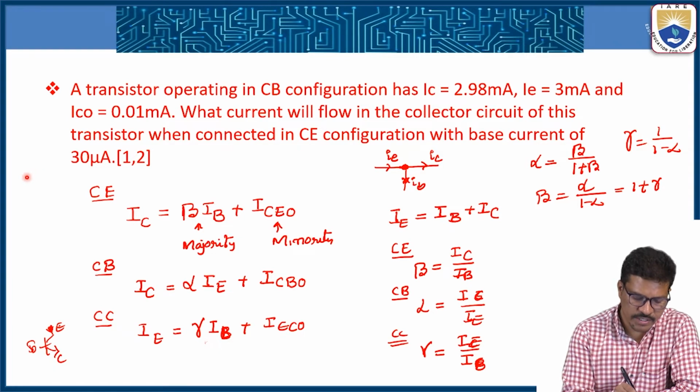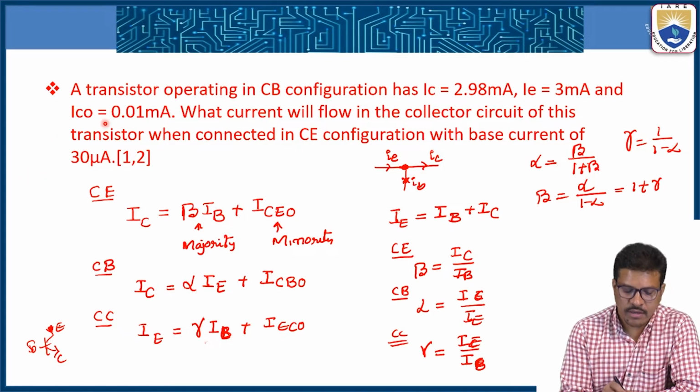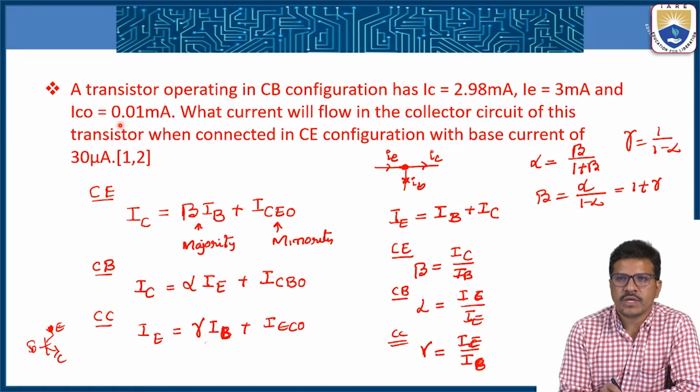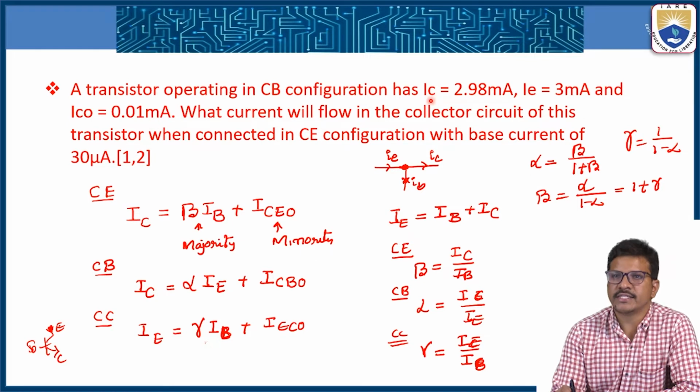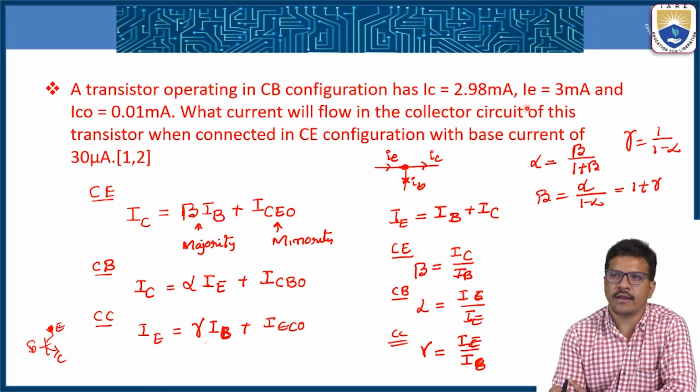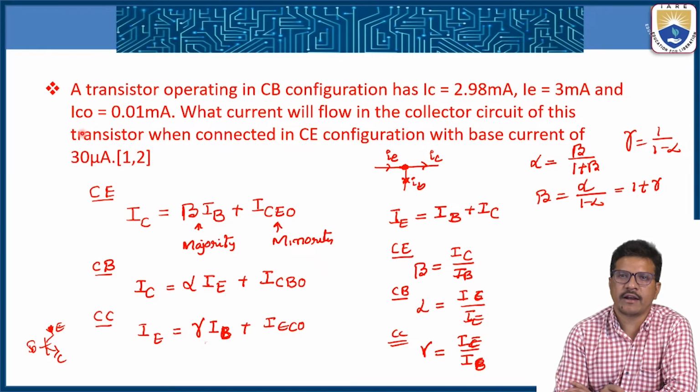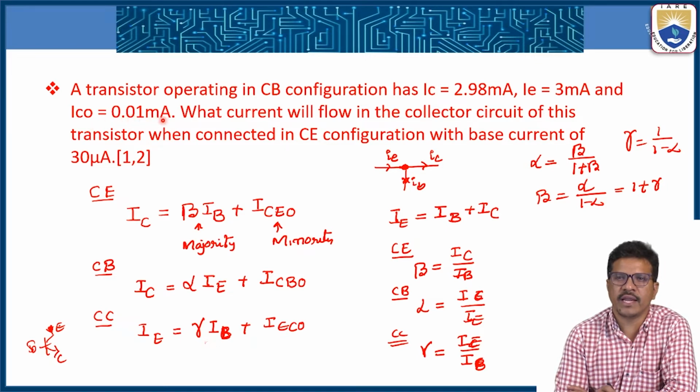When it is common base configuration, the base is common, the input is emitter current and the output is collector current. That's why the given data is IC equal to 2.98 and input current IE equal to 3 milliampere. And ICO means, in the common base, the current between collector and base when the emitter terminal is open, is 0.01 milliampere.